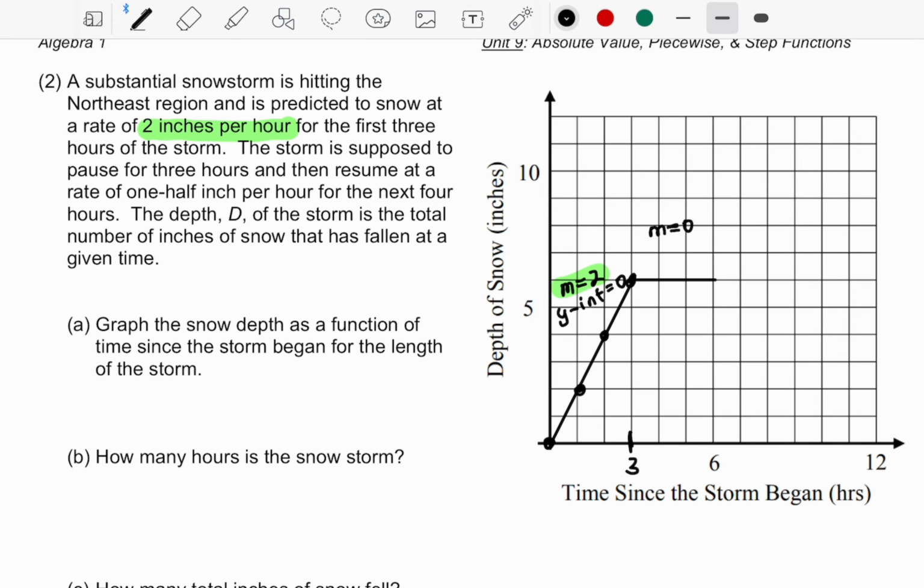Think about it in context: if it's a rate of change and it's pausing, you're not gaining any snow. There's no more snow coming down. It's constant. Whatever you were at in the beginning of the 3 hours, assuming the temperature isn't getting wonky, the depth of snow is going to remain that way. And so in this case, it is 6 inches.